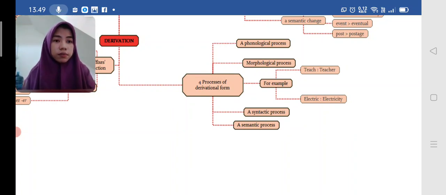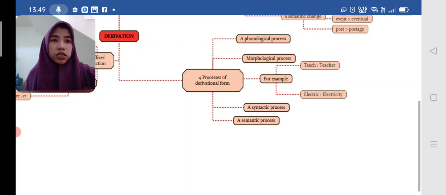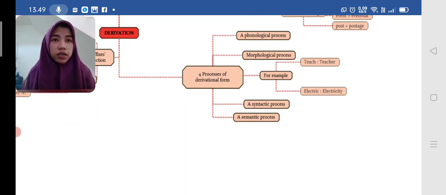It's also the same with electric. The example: electric becomes electricity. In the phonological process of electricity, the pronunciation of k changes to s, and the stress changes.